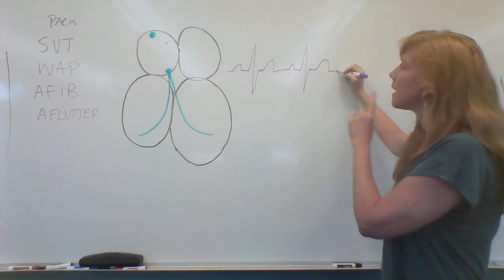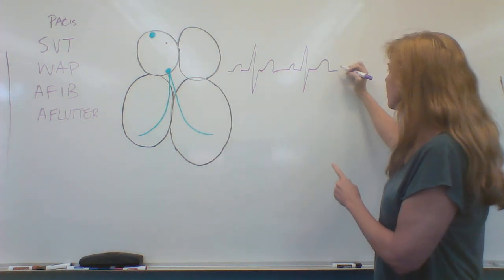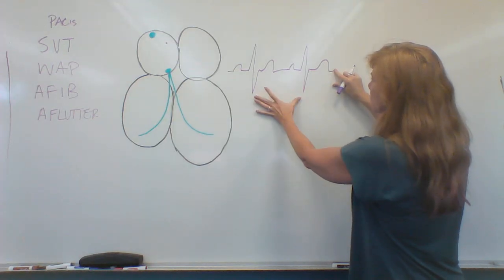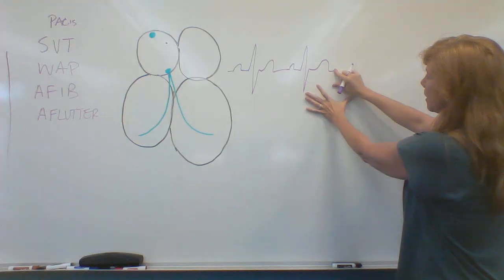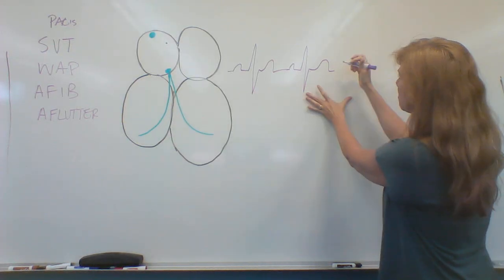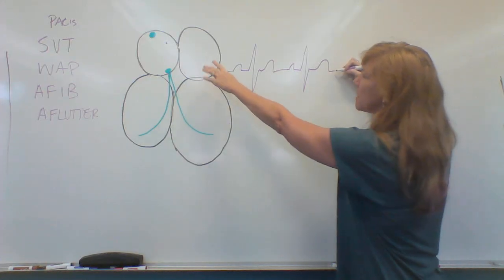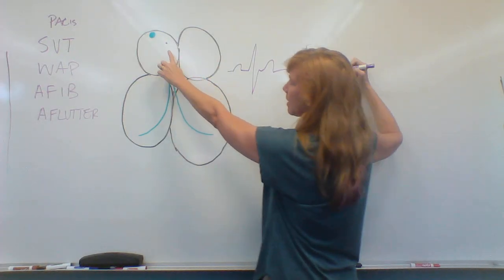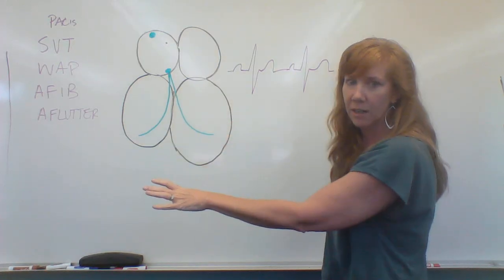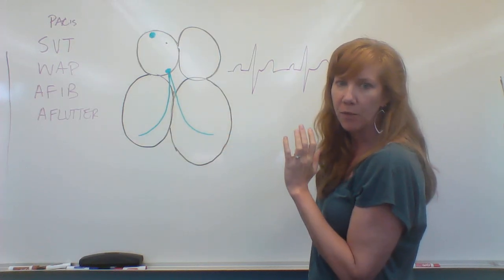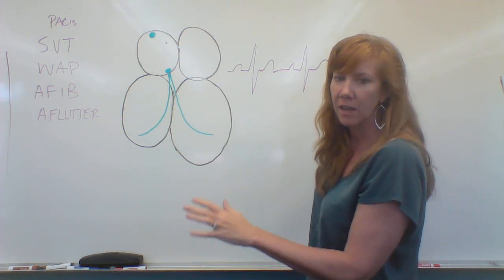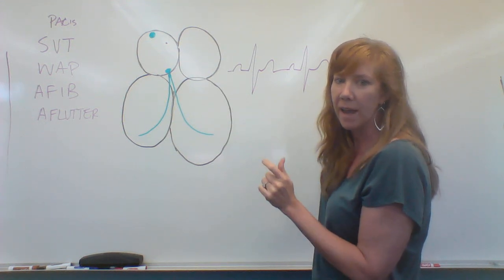And then before they can have their next beat, so it's got to be pretty close to this T wave, the next one was going to come this far away again, but before it could happen, because it's got to be fast if it's going to jump in, you get maybe a different kind of P, because when electricity comes from a different direction, it changes the shape of the wave.